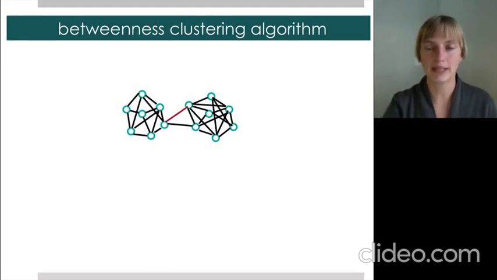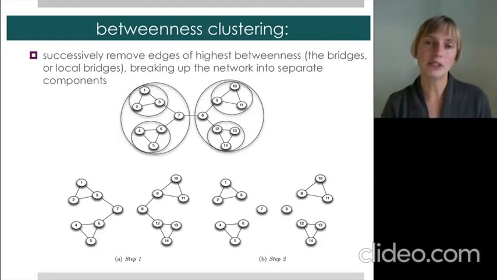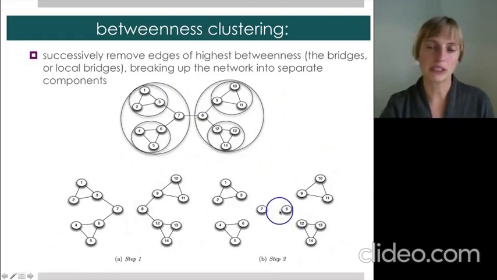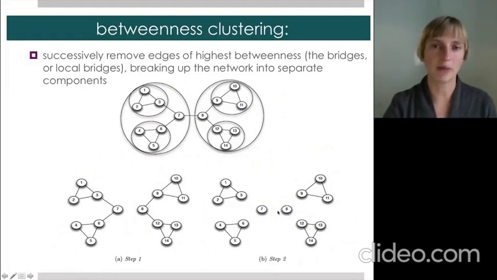But we'd find the next one, remove it. We'd find the next one, remove that one. And by doing this iteratively, we get successively finer and finer communities. For example, first, in this case, separating out into 2 disjoint communities, and then 4 smaller ones plus 2 nodes which become isolated.